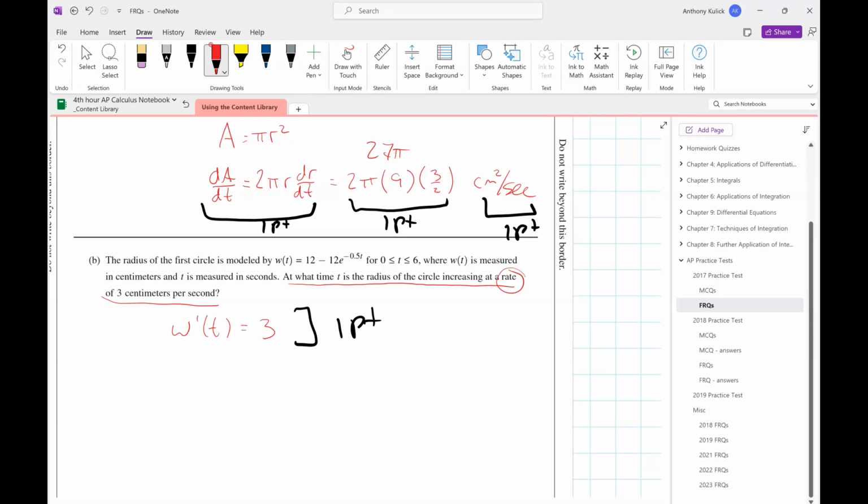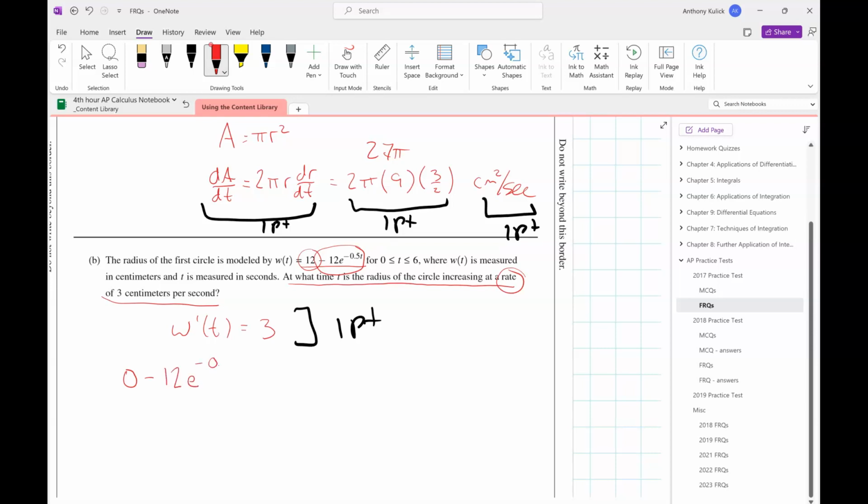Okay, let's calculate W prime then. So what's the derivative of 12? 0. What's the derivative of negative 12 e to the negative 0.5t? 6 e to the negative 0.5t.